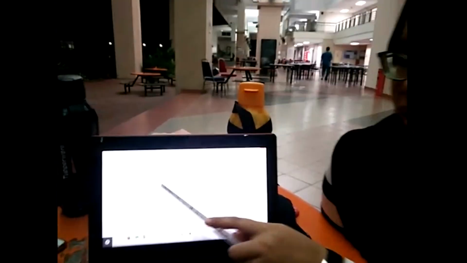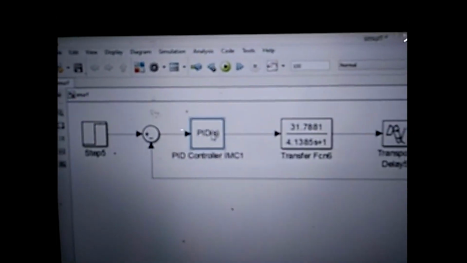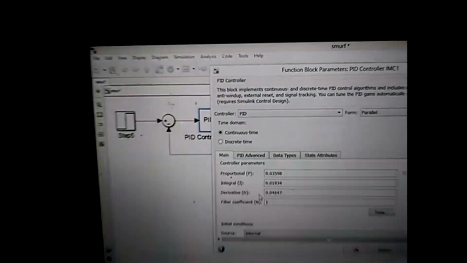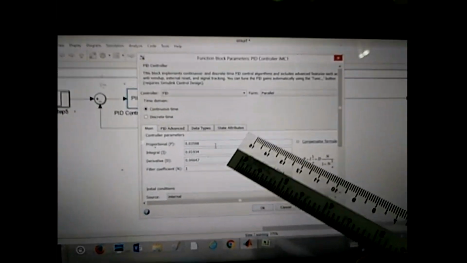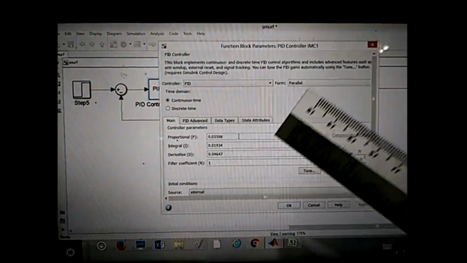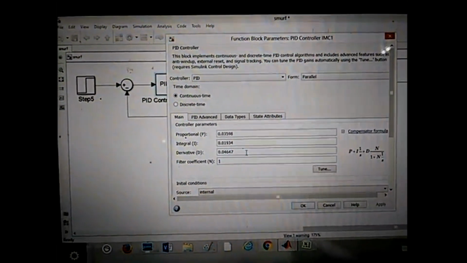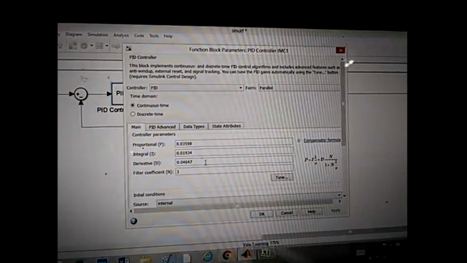We include them in Table 12.7 in our textbook. Alright, from that, we will calculate a new PID controller. So the values of P, I and D are substituted in this column.